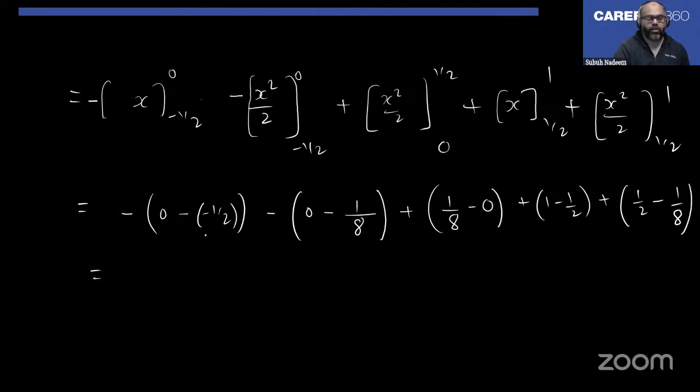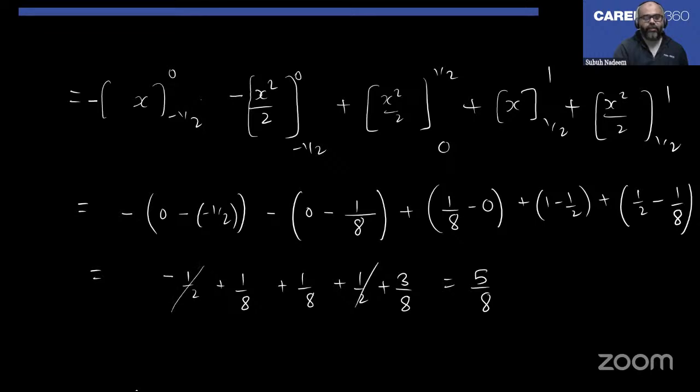So this will finally become minus half, plus 1 by 8, 1 by 8, half, and this will be 3 by 8. So 3 by 8 plus 1 by 8, 4 by 8, plus 1, 5 by 8 it will become. And half and minus half will get cancelled.